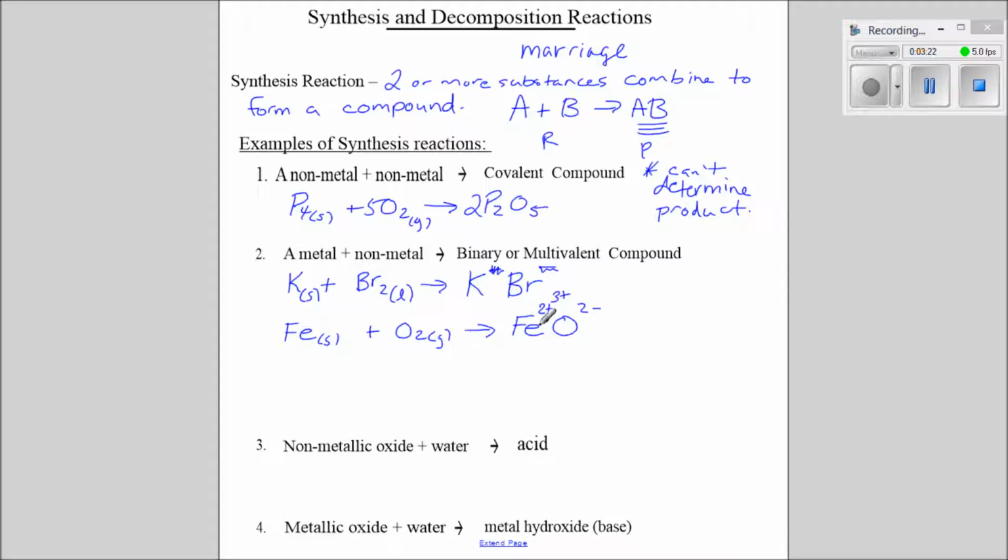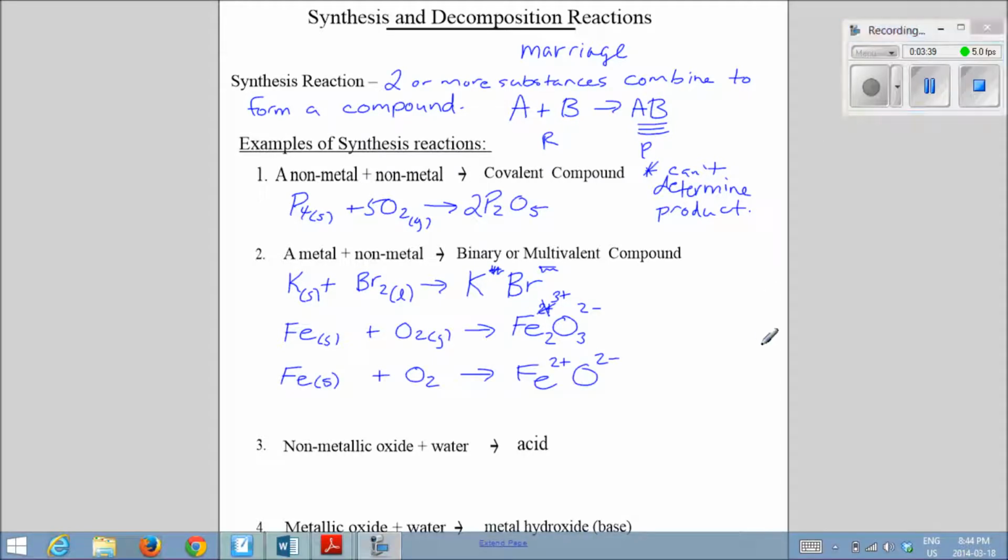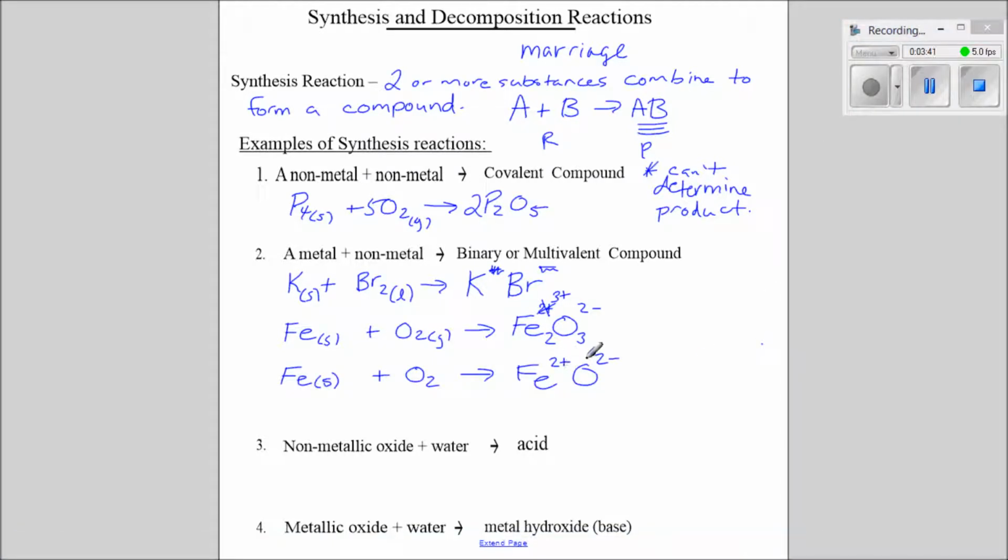So what that means, guys, is that it's actually going to form two products. You don't know which one to pick here, so you actually have to pick both. So to start, I'm actually going to pick the 3, bring down the 3, and bring down that 2. That's one possible product. Let's see what the other possible product is. Well, our other possible product is the 2 plus charge, and so we cross that over and reduce, and it ends up being just FeO.